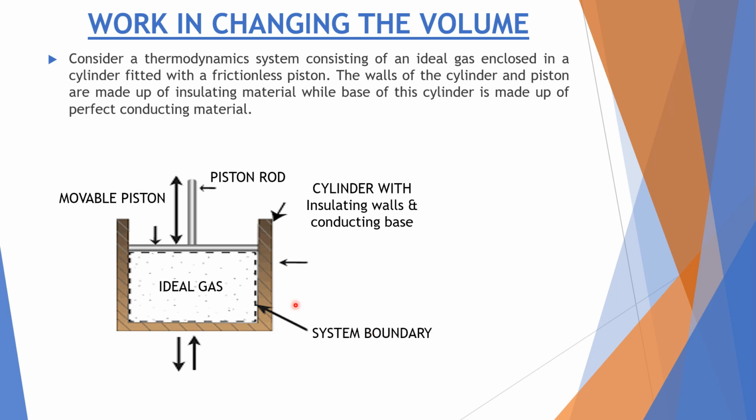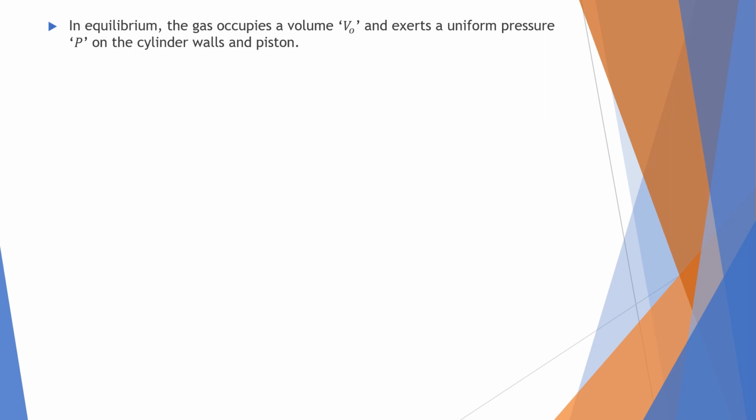Now we have system boundary and then surrounding, and through the base heat can enter or leave the system. And what we do is place a small amount of weight on the piston to create a pressure on the gas.